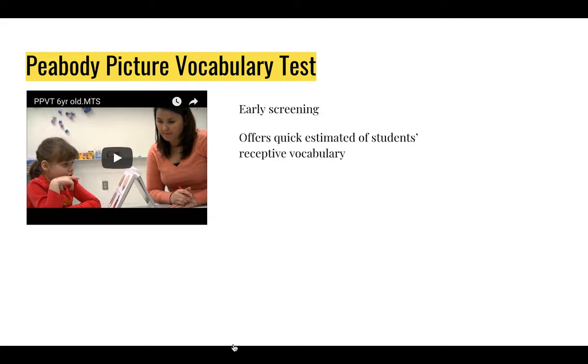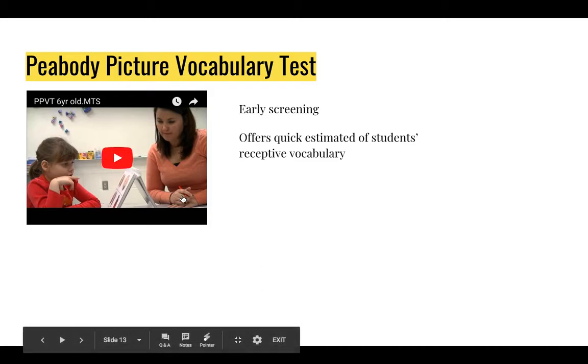That could be a Tier 2 word in some contexts, and it could be a Tier 3 word in other contexts. But we know that we get the best bang for our buck as vocabulary teachers when we focus in on those Tier 2 words, because that's where the student is going to be exposed to them across the context.